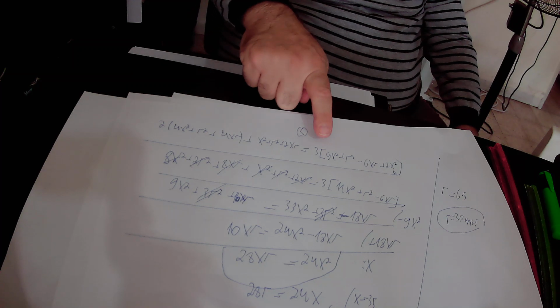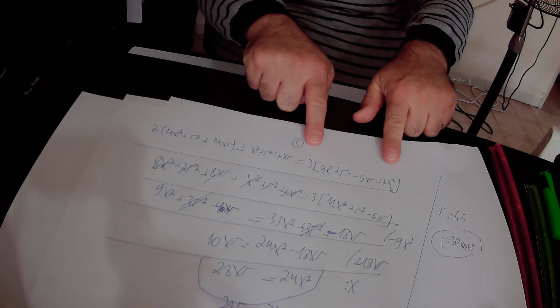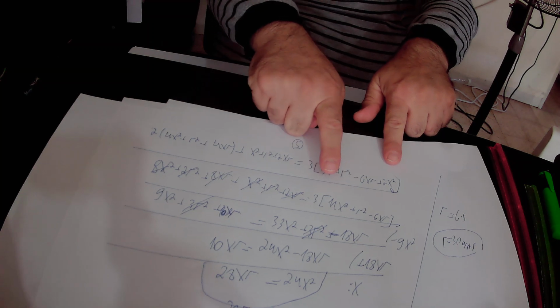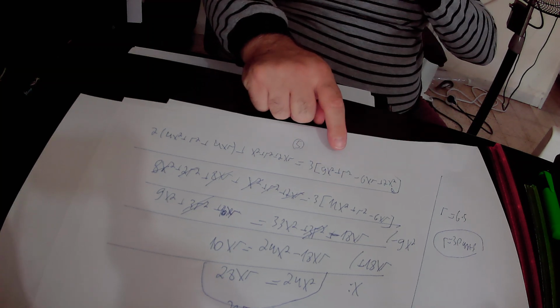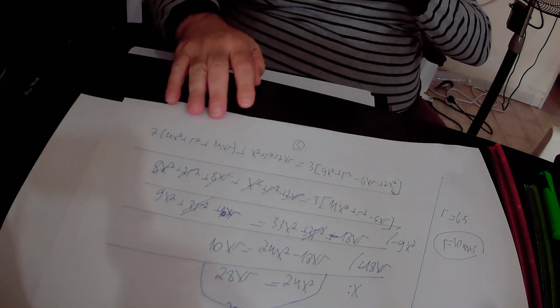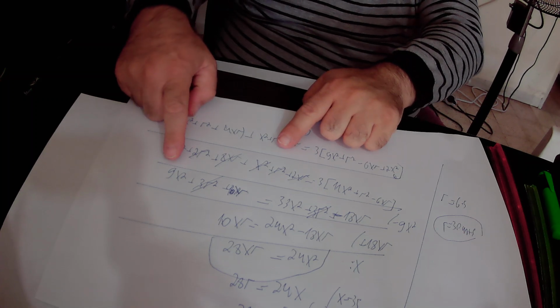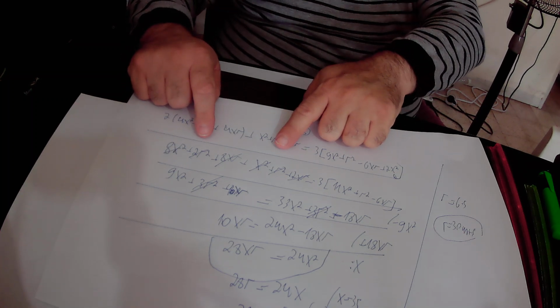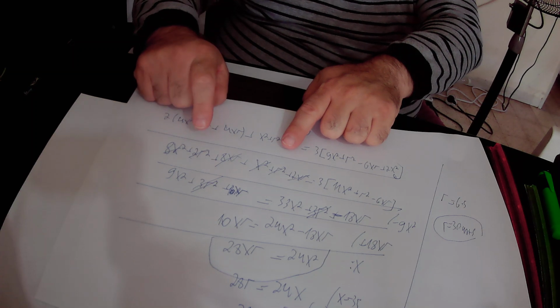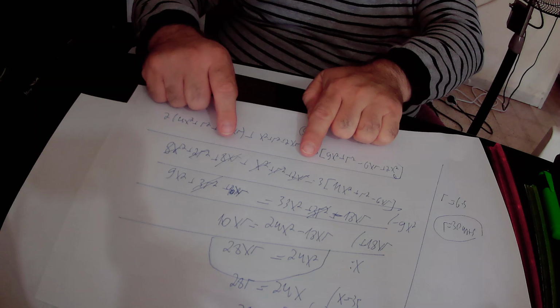And it is equal to, here inside the brackets we have 9x squared plus 2x squared is 11x squared, and we also have here plus r squared minus 6xr. Here we have 8x squared plus x squared is 9x squared, 2r squared plus r squared is 3r squared, and 8xr plus 2xr is 10xr.